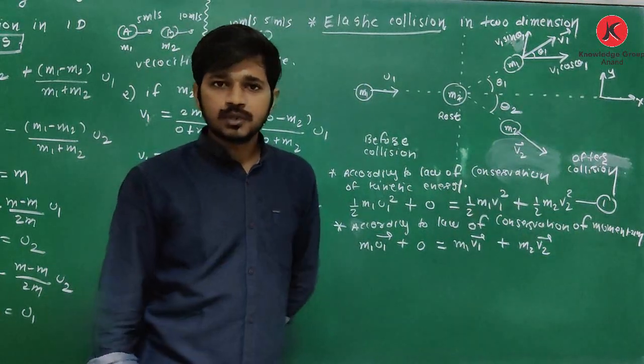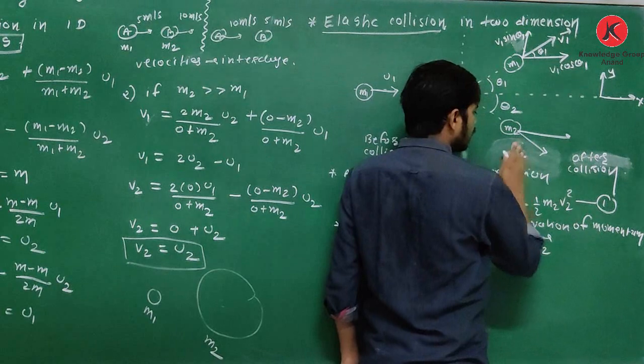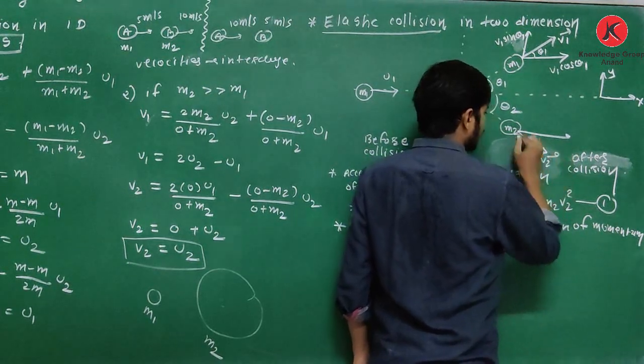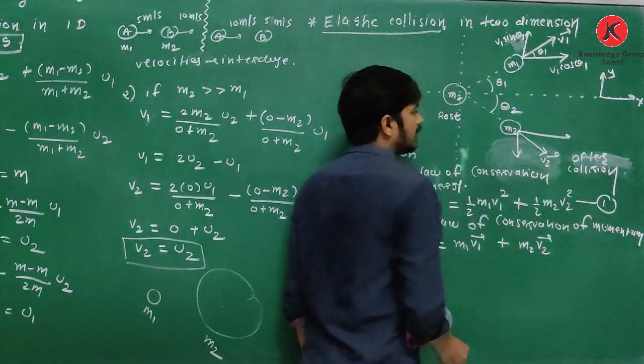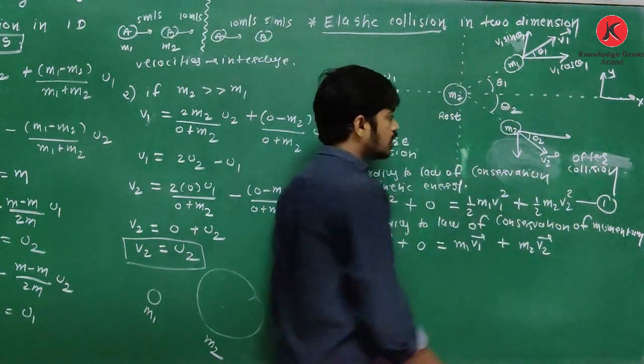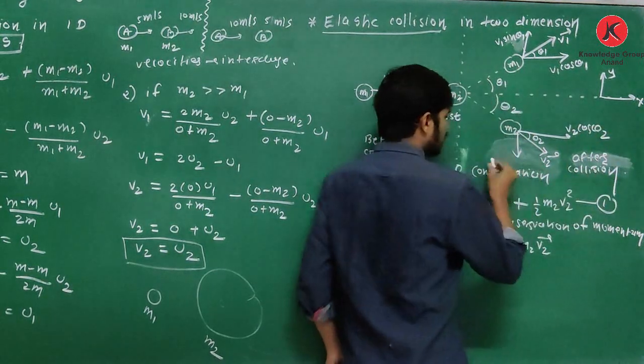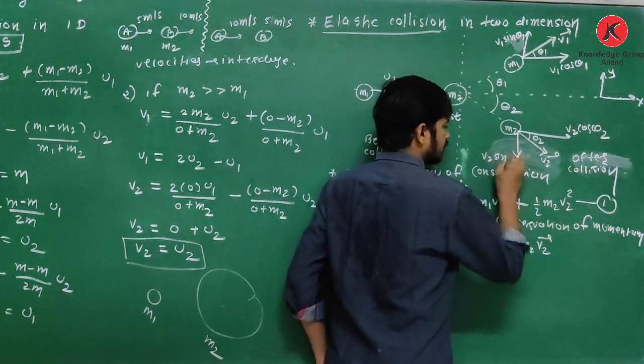For v2, again two components, horizontal and vertical. If this angle is theta 2, this angle is also theta 2. So this component becomes v2 cos theta 2, and this component becomes v2 sin theta 2.